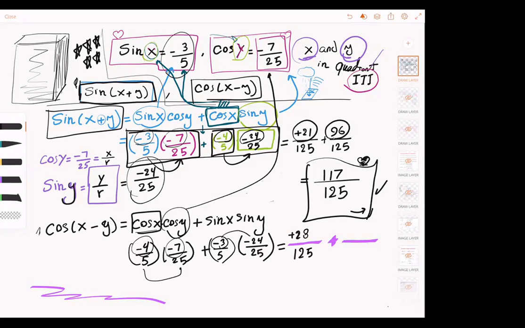Negative 3 times negative 24 is 72. 5 times 25 is 125. So 125 is a common denominator. 28 plus 72 is exactly 100. So it's 100 over 125. We are able to simplify this by 25, gives us 4 over 5.